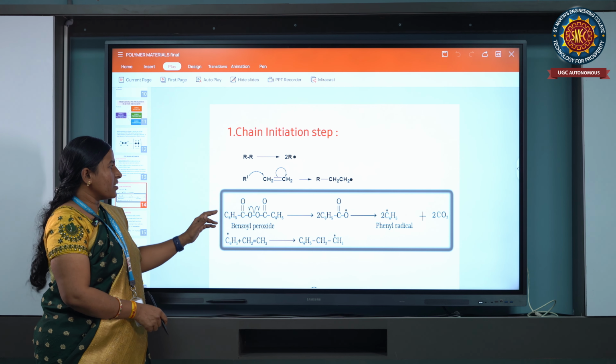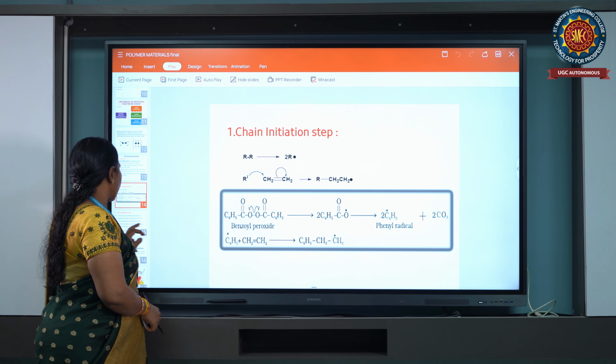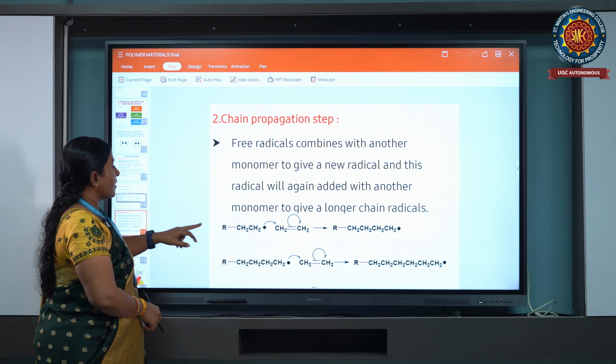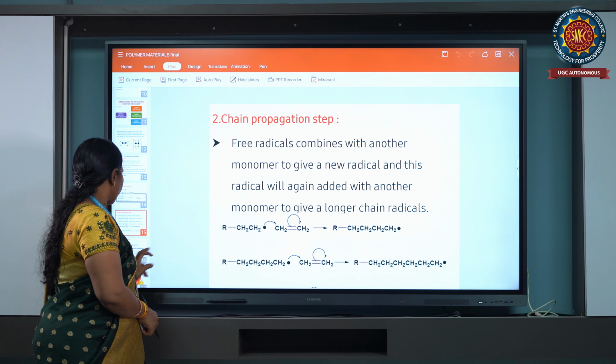Now we got the radical. Second step is the chain propagation step, where each and every monomer combines.